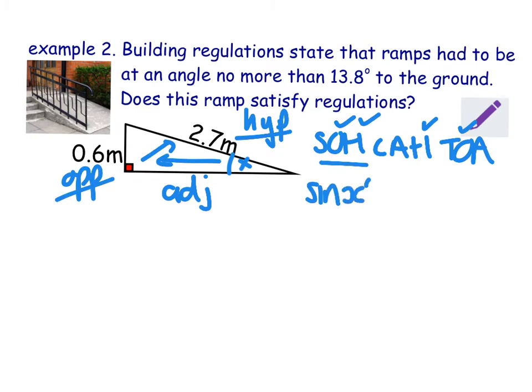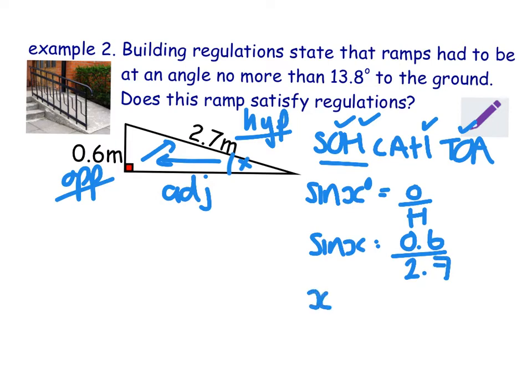So sine of my angle equals O over H. So sine of my angle is 0.6 over 2.7. Now remember the angle ones is the one that used the shift or the inverse or second function button in your calculator. So it's inverse sine of 0.6 divided by 2.7.